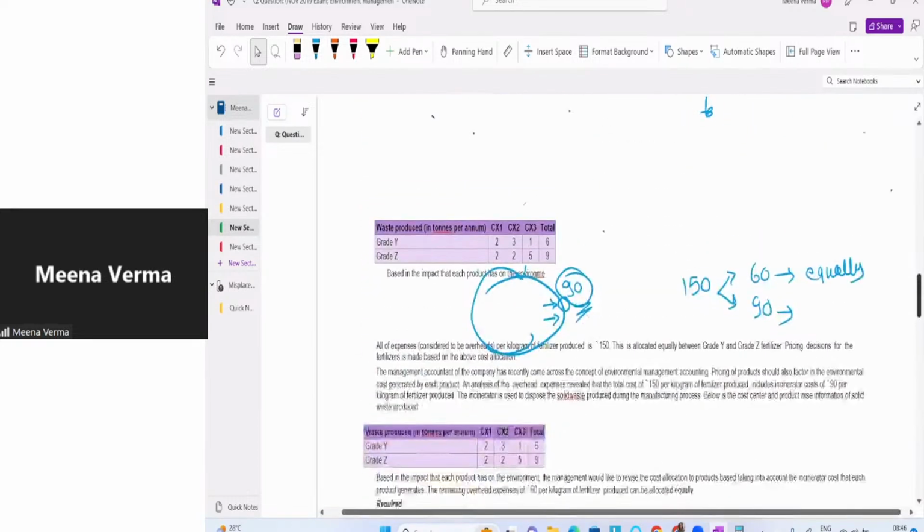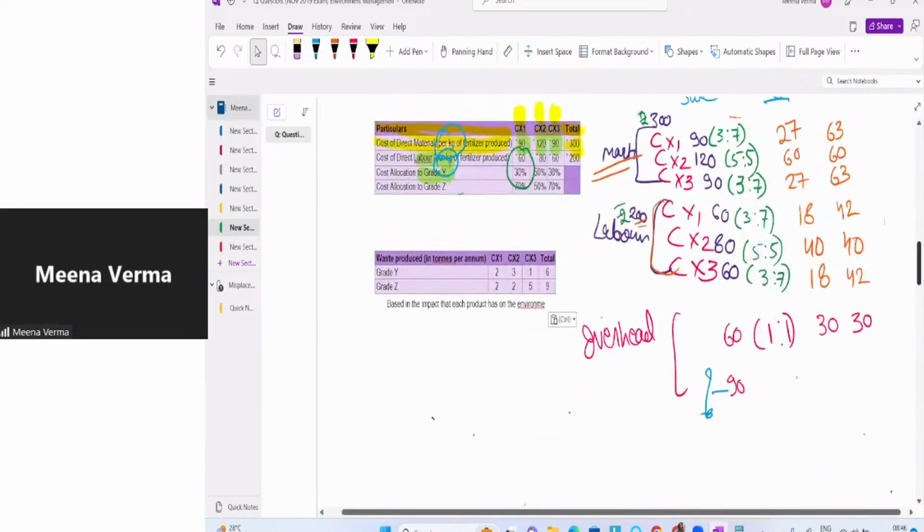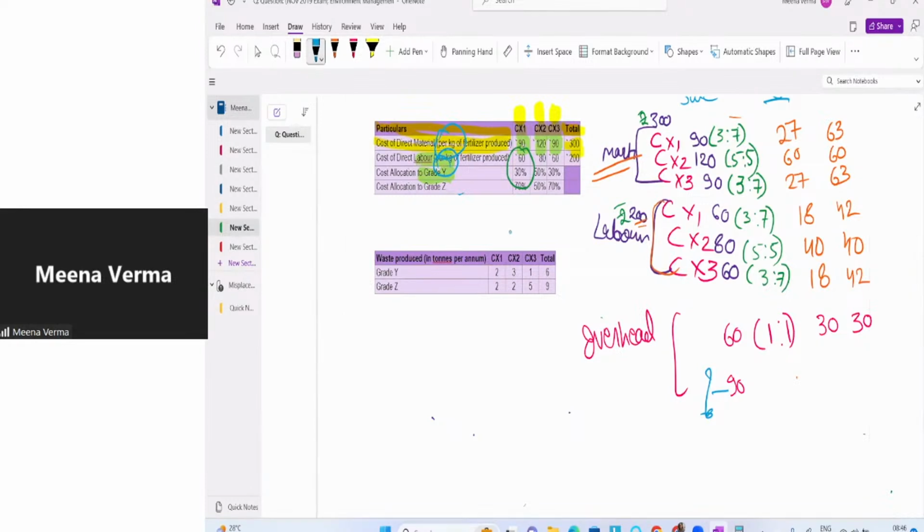Let's do the allocation first here. The 90 cost we will first allocate on the basis of this ratio, and then whatever cost comes here, you will allocate on these ratios, 2:3:1.